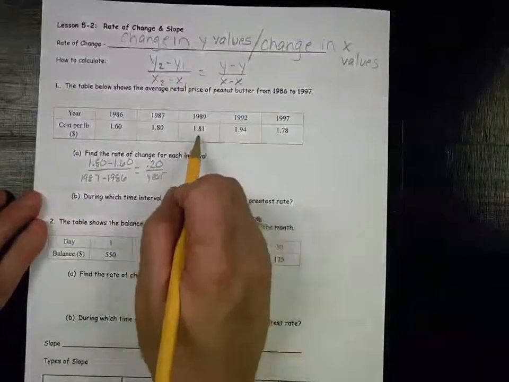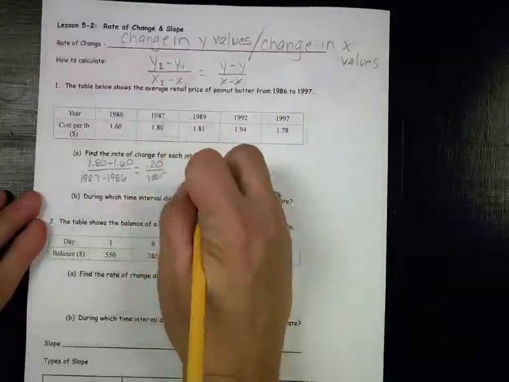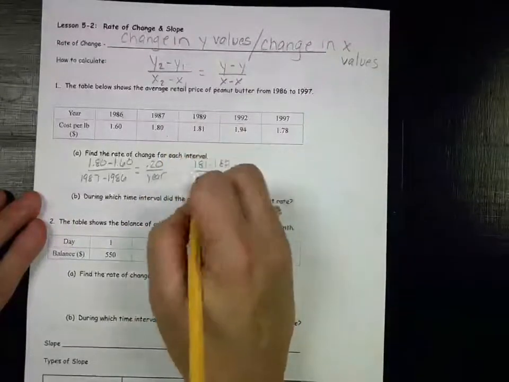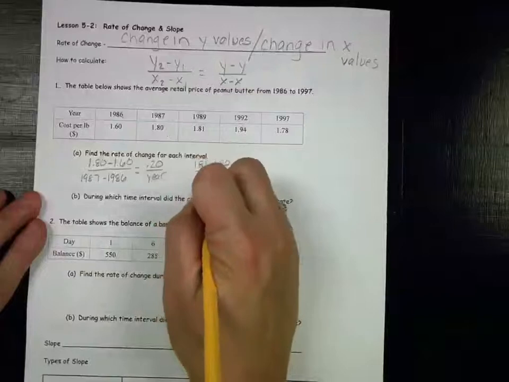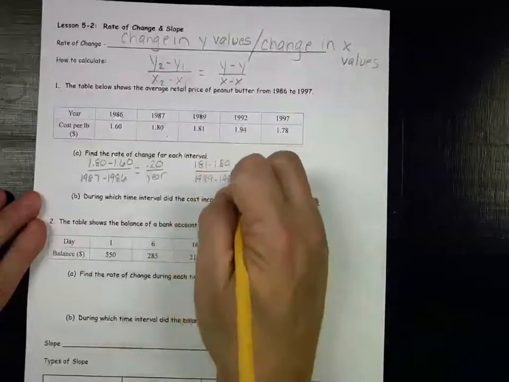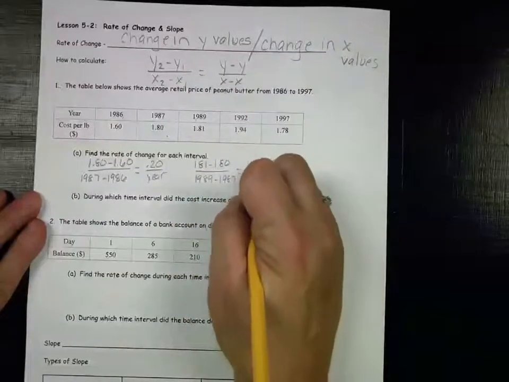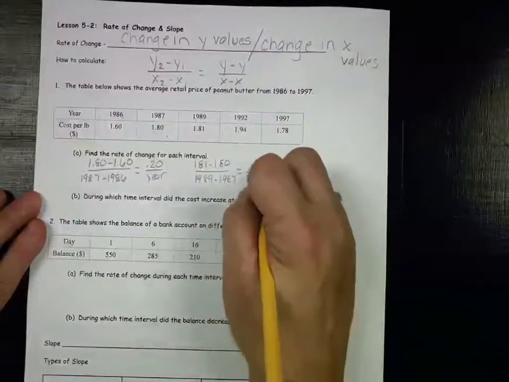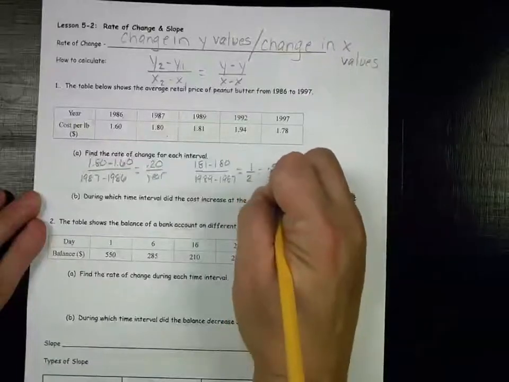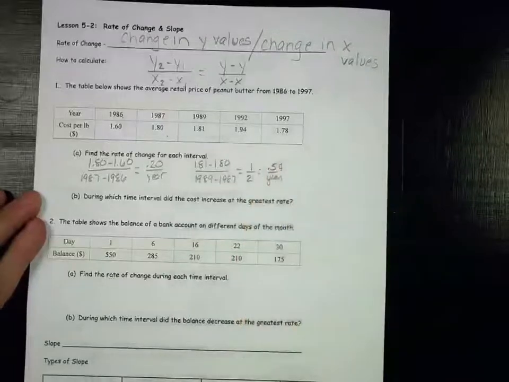The next one, y minus y, x minus x, $1.81 subtract $1.80, 1989 subtract 1987, and that ends up being 1 cent over 2 years, or 1/2 a cent per year.